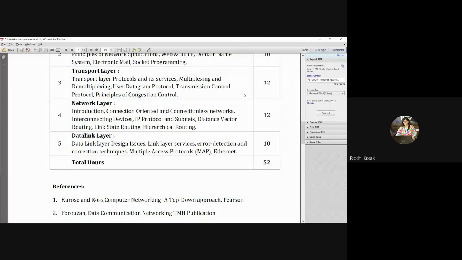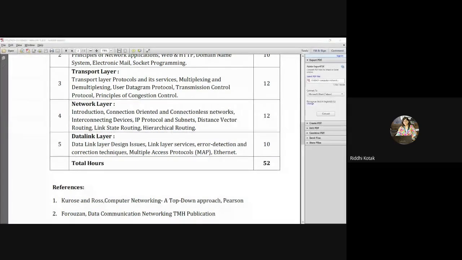In that we discussed virtual circuit and datagram, and also the difference between the two. Connection oriented and connectionless services are provided at the transport layer, and also at the network layer. So make sure you understand all these functionalities.